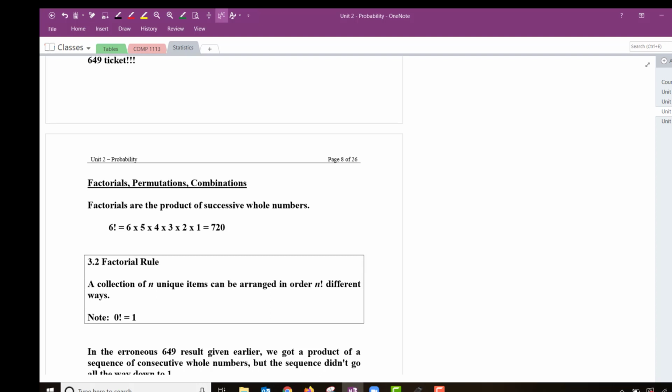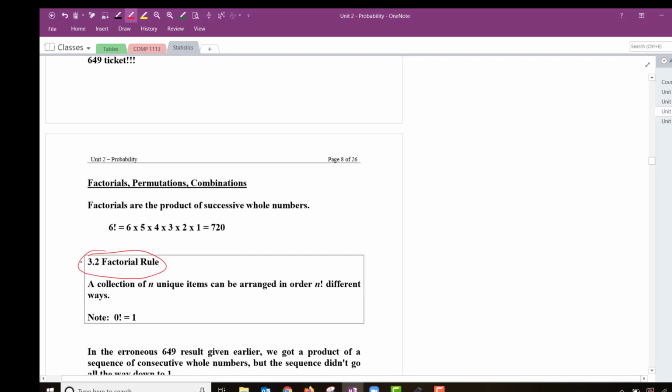When we were determining the total number of ways we could arrange 6 numbers, we basically came up with something known as the factorial rule, where we're trying to figure out the number of ways of arranging n distinct items, where we're going to pick all n of them.